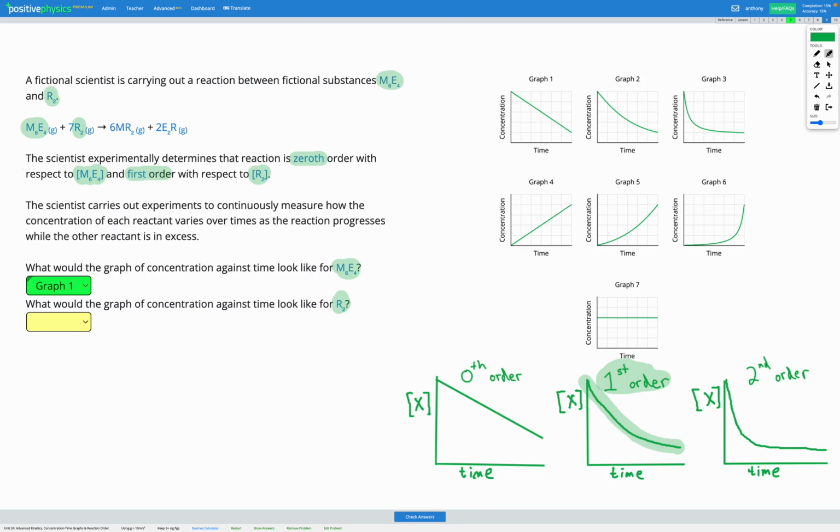That's showing that our rate of reaction is related to the concentration, and that's first order. They're directly proportional. So for R2, it's going to be graph 2. That's the first order. So in this question, we're just matching up, based on the order we have, which of these three graphs it's going to be for 0th order, first order, or second order.